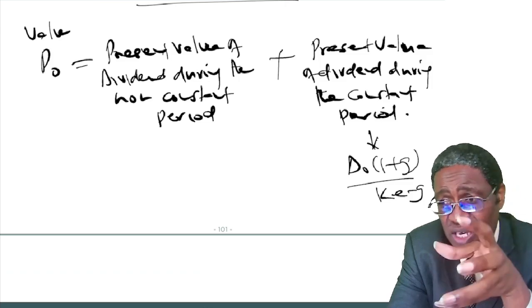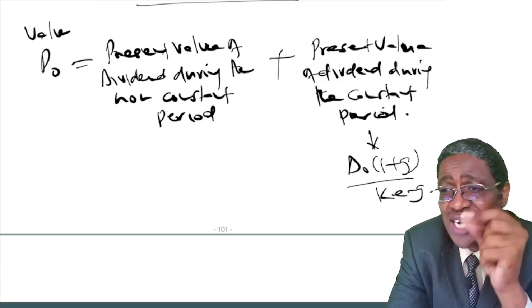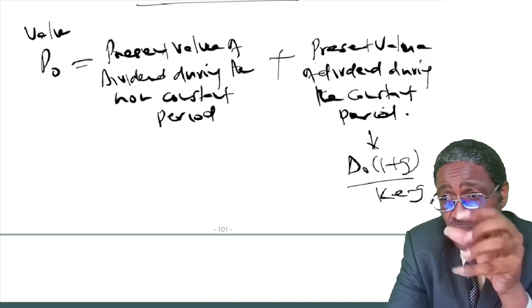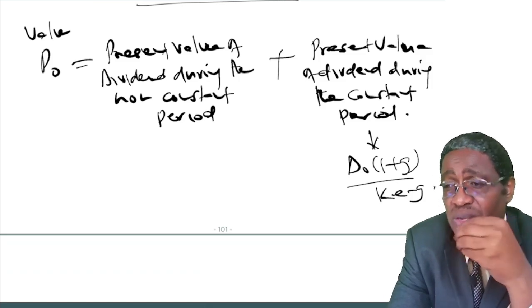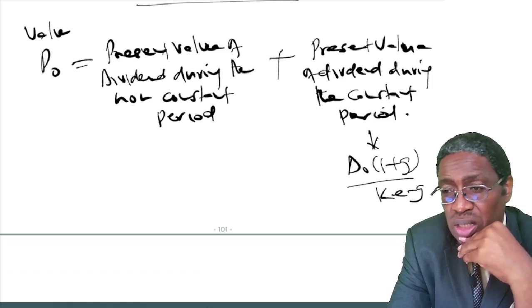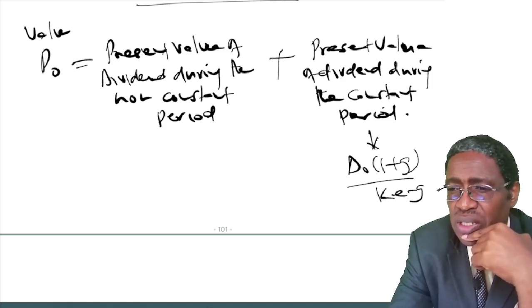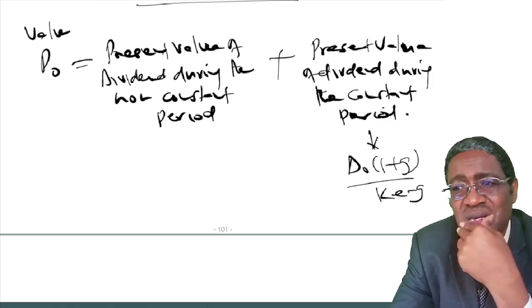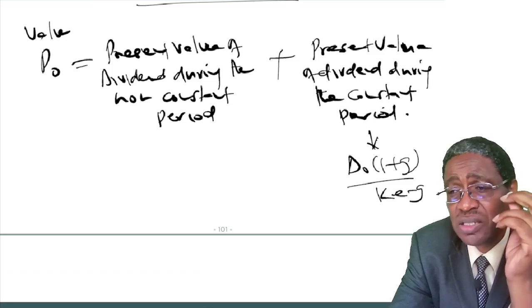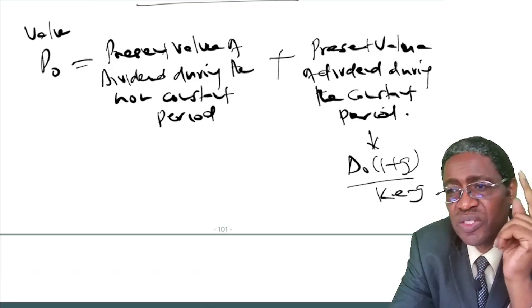Then after 5 years, the dividends are growing at a constant rate. So you get it by using the formula for the constant dividend, where it is D naught into 1 plus G, divided by KE minus G. Okay? Good.